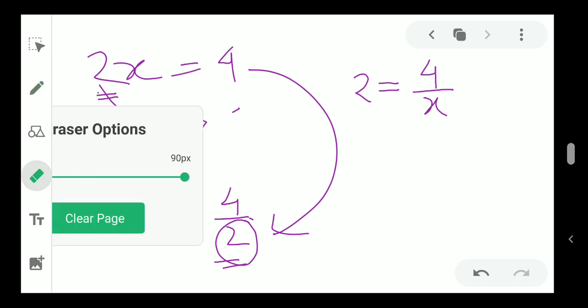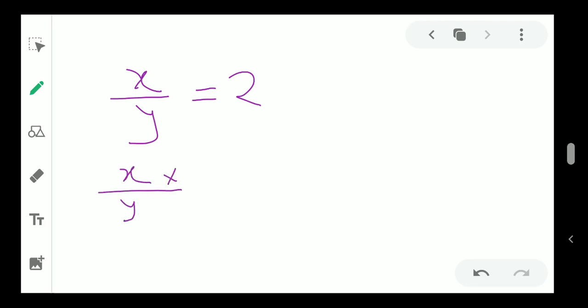Okay, in case something is in divided form, like x by y is equal to 2, what we used to do is multiply y here in order to cancel y, then multiply y on that side, and then we used to get this.